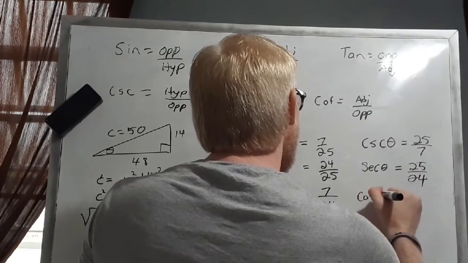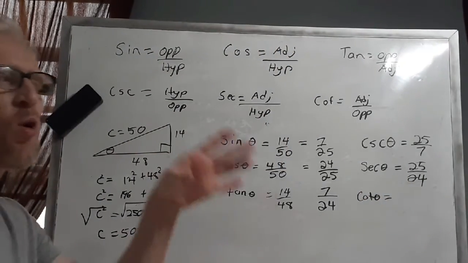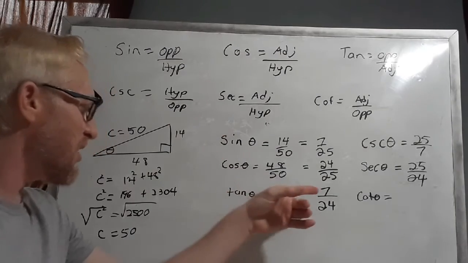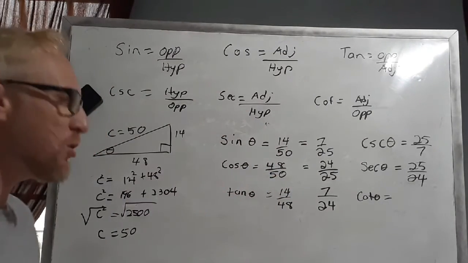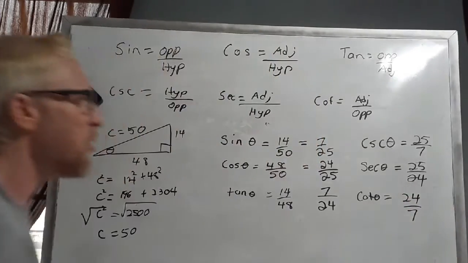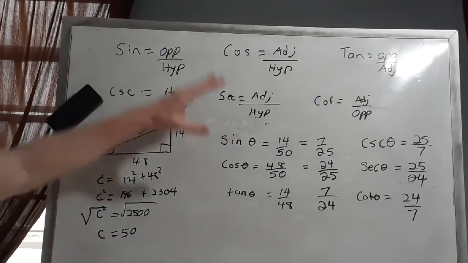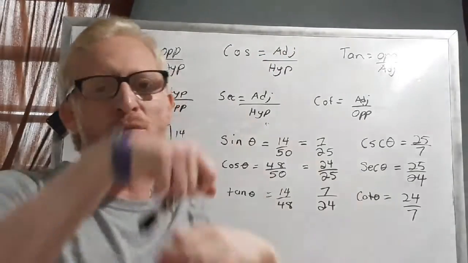And the cotangent of Z is the opposite of the tangent. So if the tangent is opposite over adjacent, which in this case is 7 over 24, then my cotangent is the opposite of that, which is 24 over 7. So again, all we did was find our three basic trigonometric functions, and then the other three are just the inverse of that.